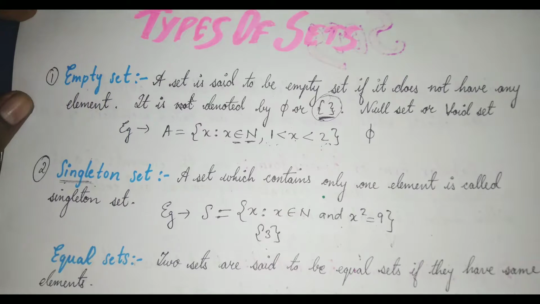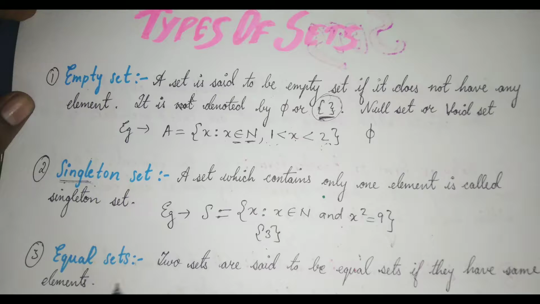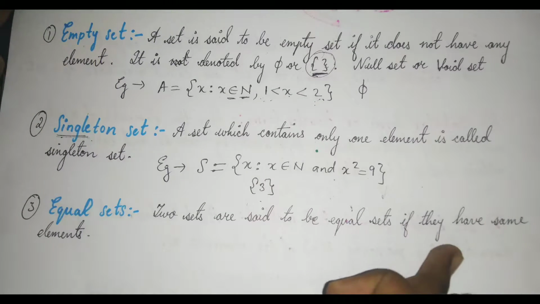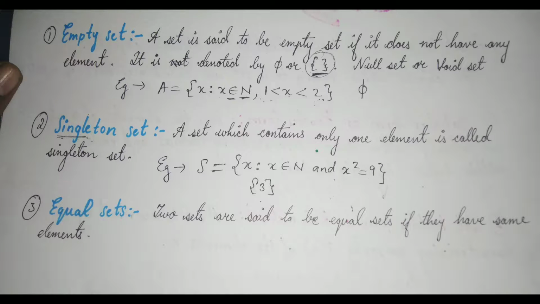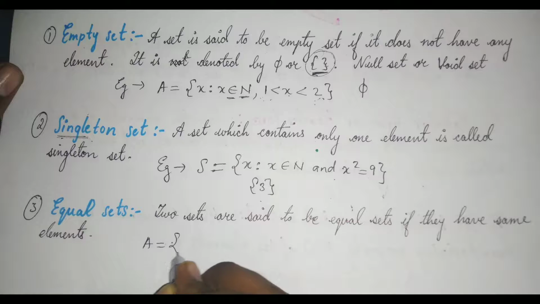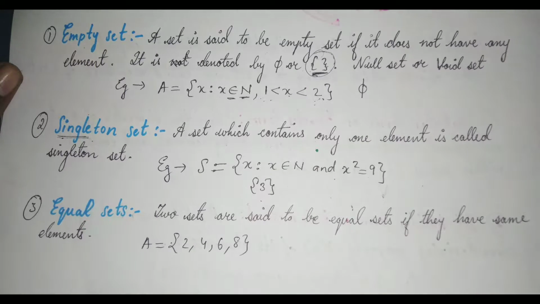Now moving on to the third type, that is equal sets. Two sets are said to be equal if they have the same elements. So you have to compare two sets. Suppose I have taken A equal to {2, 4, 6, 8}.